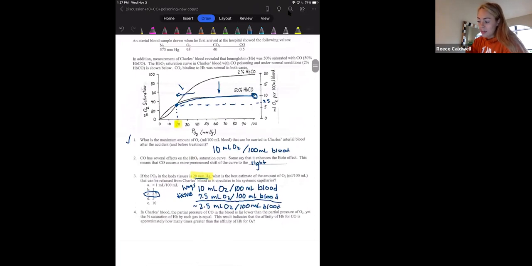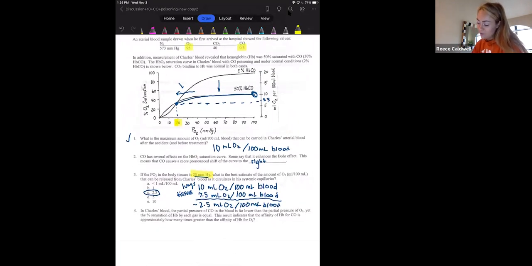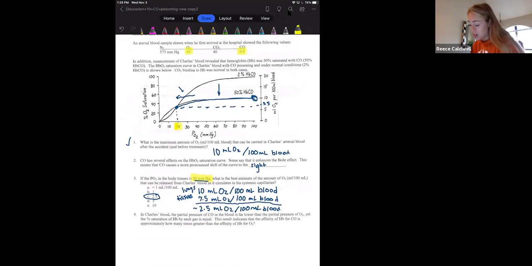So here we're analyzing the blood gas analysis. We see that carbon monoxide is about 0.5 millimeters of mercury, whereas oxygen is 95. This indicates that the affinity of hemoglobin for carbon monoxide is much higher than the affinity for oxygen.